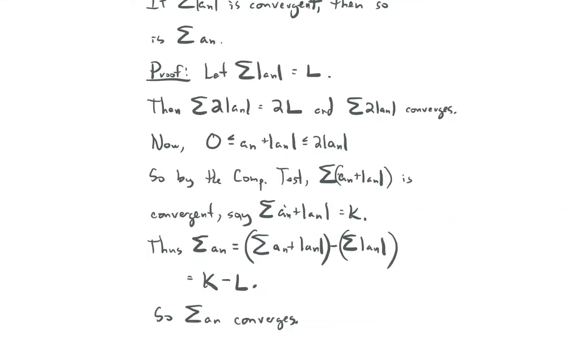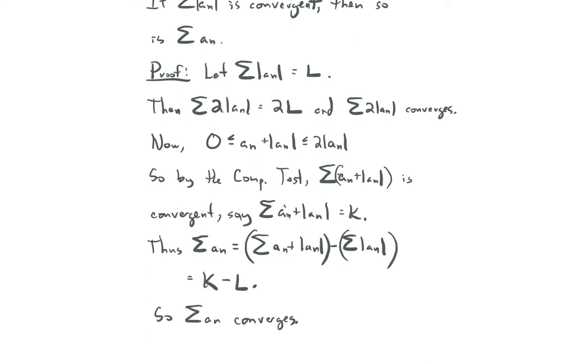Now let's look at this result here. This is a really important result. It basically says that if you know a series is absolutely convergent, well, the underlying series with the negatives in there is also convergent, which is fantastic. Being absolutely convergent is a very powerful thing. And let's show why.